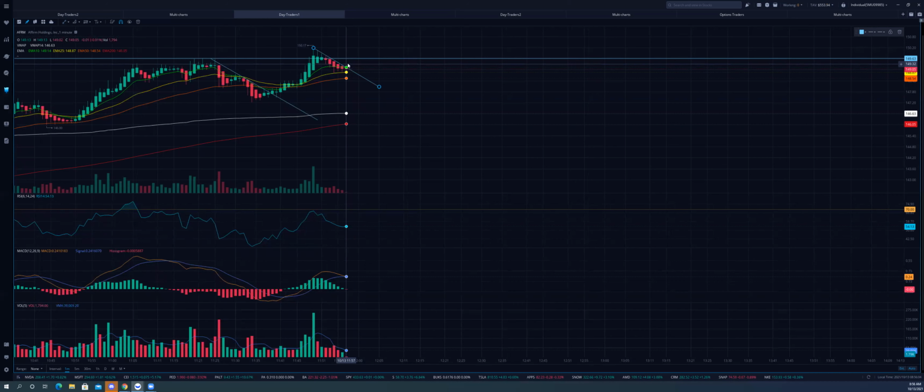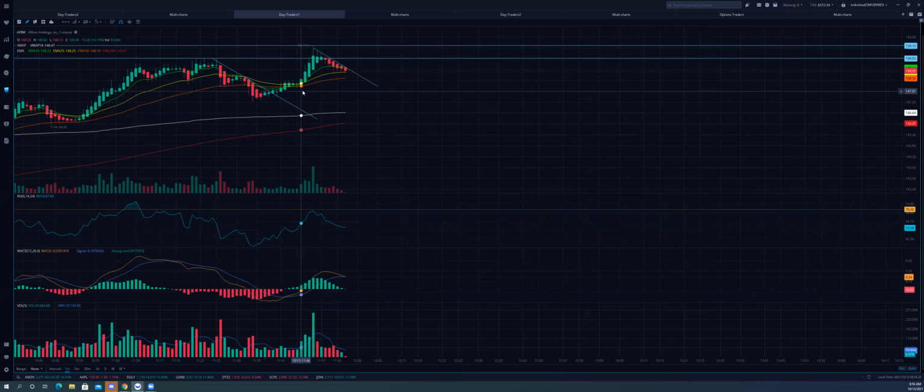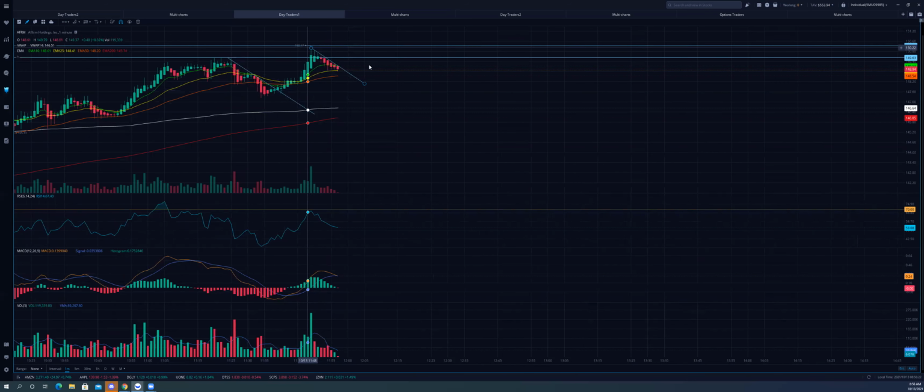Now we need a green candle somewhere around here, around 149.50, and then eventually for the stock to push back up and break the high of 150.17. So once it made that high of 150.17, you draw that horizontal line again, because that's the high, which means we are going to run into resistance right there.